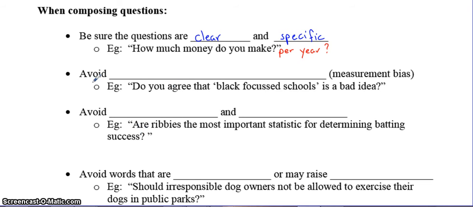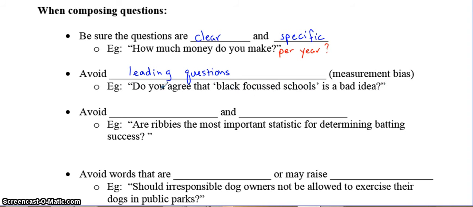The next thing is avoid leading questions. This causes what we call measurement bias. So for instance, do you agree that black-focused schools is a bad idea?